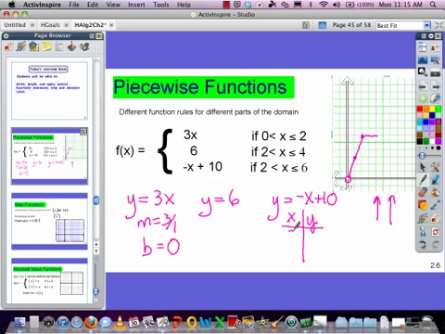So we're going to start it down at 2, and we're going to end at 6. So if we put a 2 into this equation, the opposite of 2 is negative 2. Negative 2 plus 10 is 8. If we put 6 in, the opposite of 6 is negative 6 plus 10 is 4. So we get 2, 8, the low end.